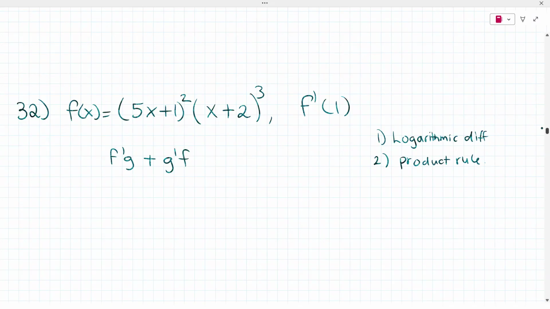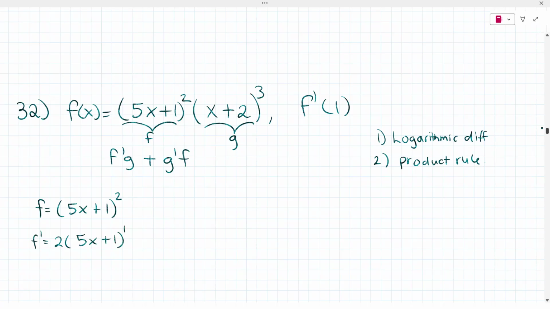Okay, so what is our f and what is our g? So I believe my f is this, and my g is this. So f is parentheses 5x plus 1 squared. F prime is going to be, you just use power rule, so it's 2 times 5x plus 1 to the power of 1.